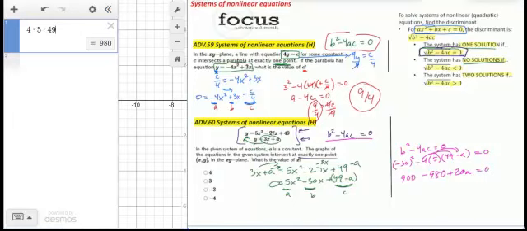And so if we combine these, we get negative 80 plus 20a is equal to 0. Move the 80 over. We add 80 to both sides, divide by 20, and you get your a value to be 4, and that would be the solution.